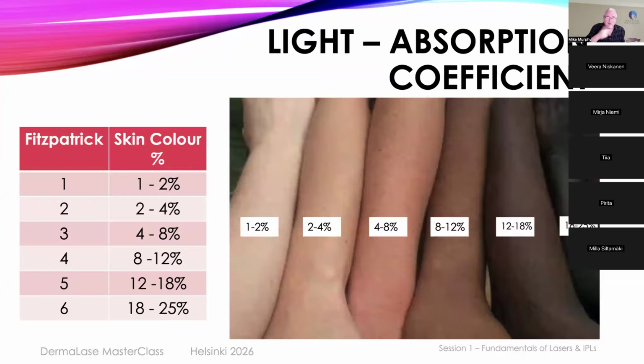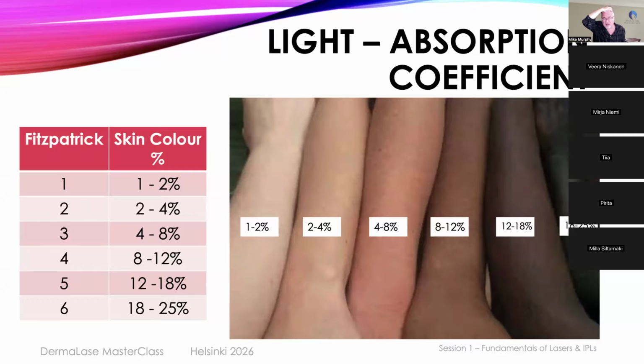If you fire visible or near infrared light, it's got to get through that skin barrier to get into the dermis, because most of our targets typically are in the dermis, your follicles, blood vessels, tattoos, etc. It's only epidermal pigmentation that is up in the epidermis. But all the other treatments, we're trying to get through that barrier. So the way I look at this is that the darker the skin, the greater the concentration of melanin, and therefore the higher the barrier that we have to get through.